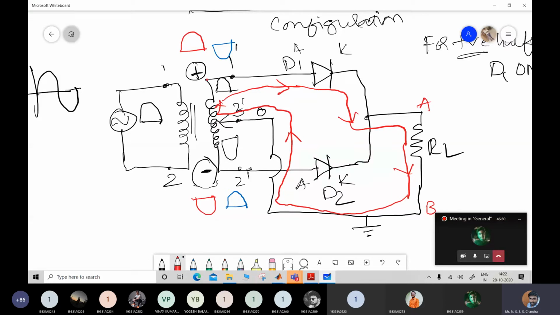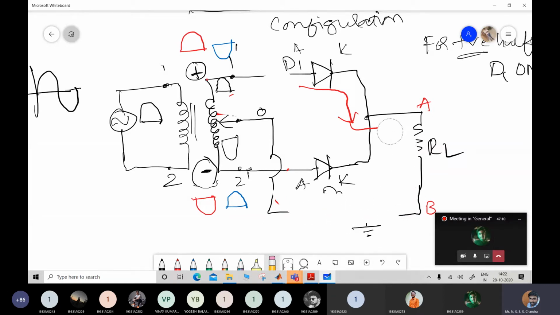Now if we consider the negative half cycle, I'll erase this so that you will not have any confusion. For the negative half cycle I'm now using the blue pen.